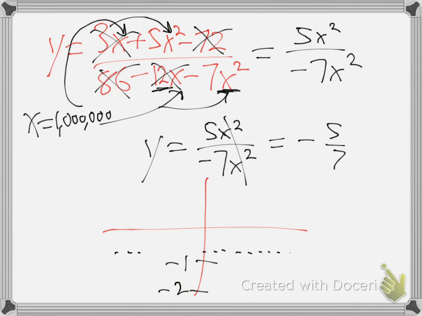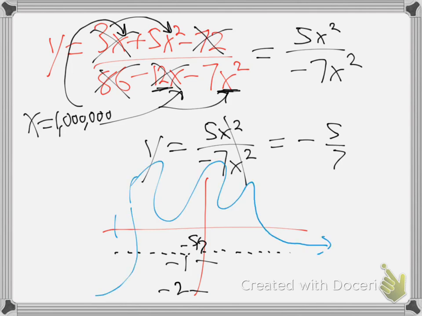It's almost 1. So at a height of negative 5/7, the graph will eventually flatten out, whatever happens in here, eventually to the right and the left.